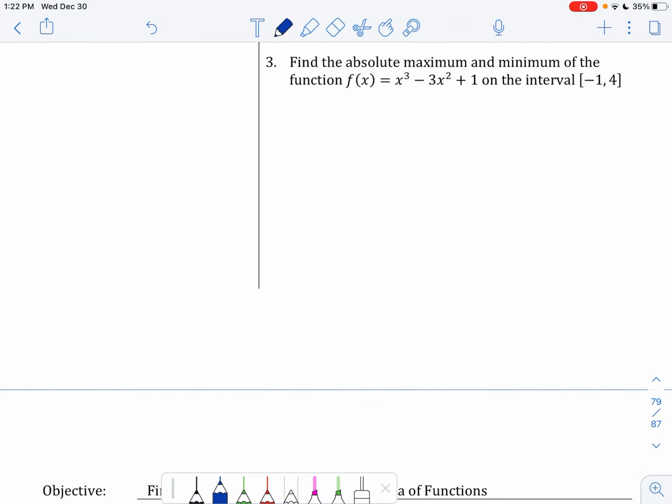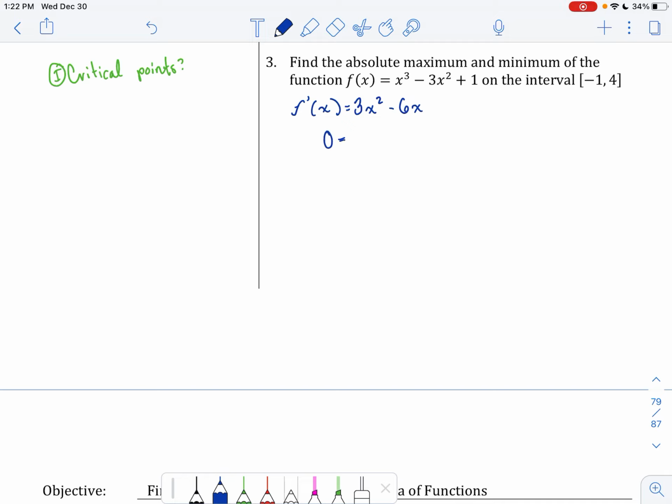We are going to start this the same way, but we won't do every single step. So again, the first thing you are going to want to do is find your critical points. In this case, that means find f prime, which, since this is a nice polynomial, is 3x squared minus 6x plus 0.